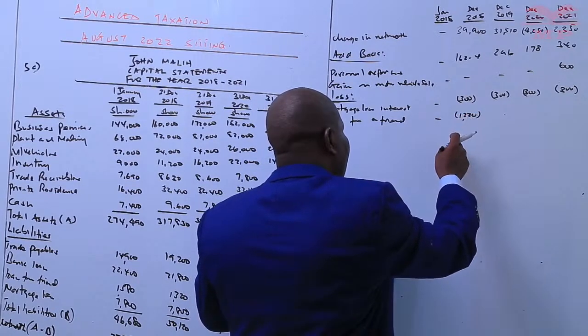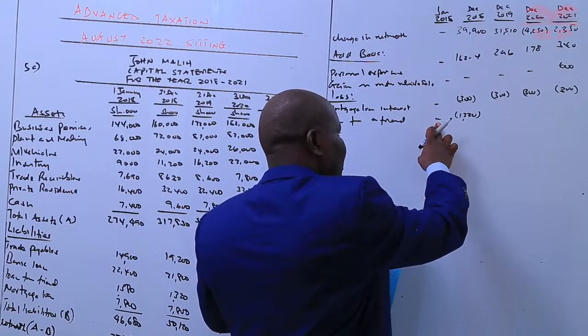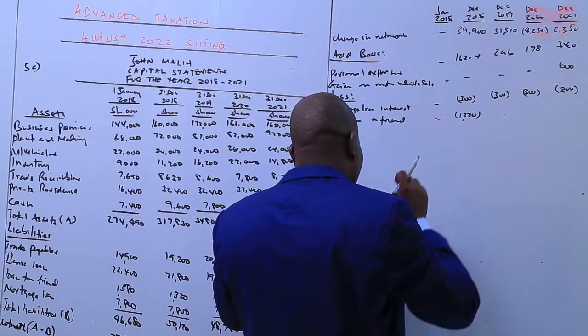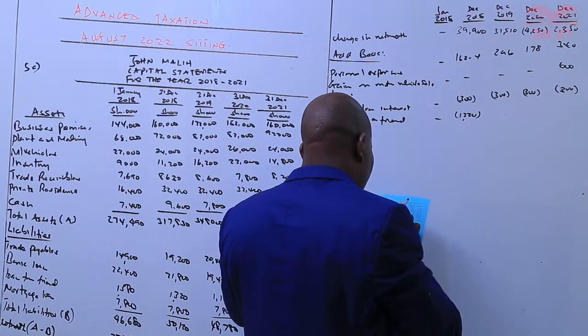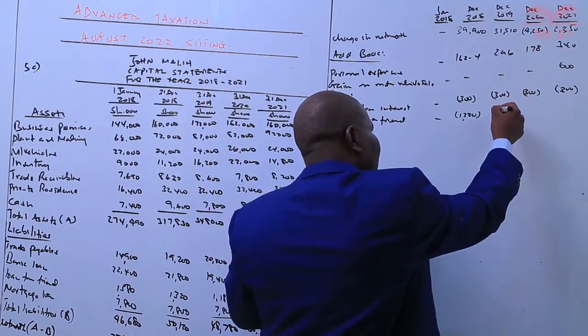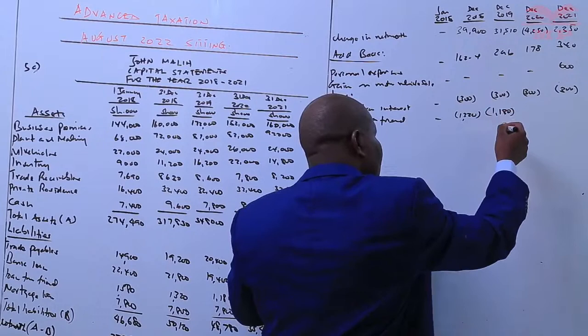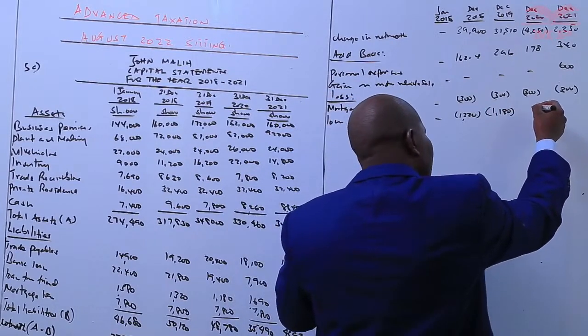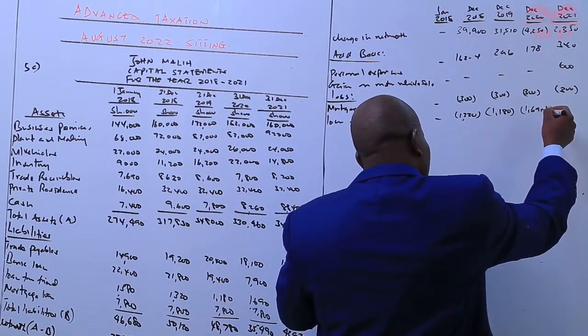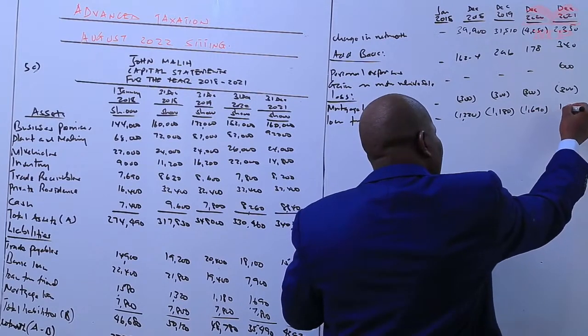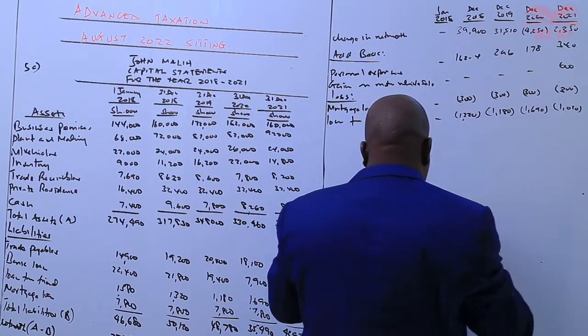If you are keen, I'm ignoring January 2018 because we are not using it anymore. 2019, 1,180, 2020, 1,690, and 2021 is 1,020.